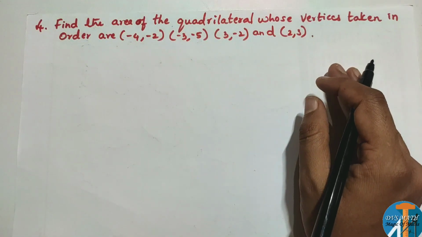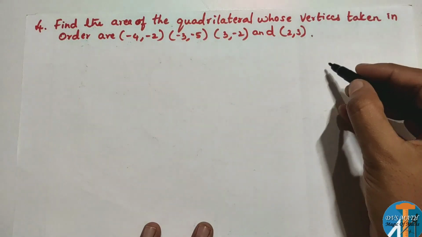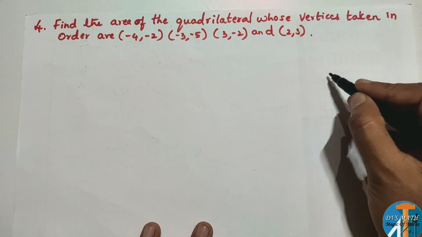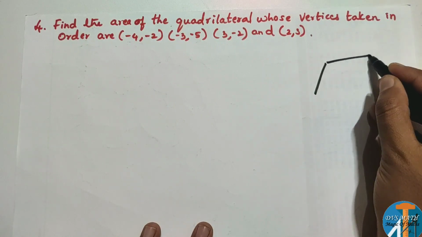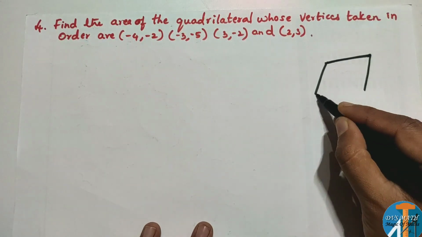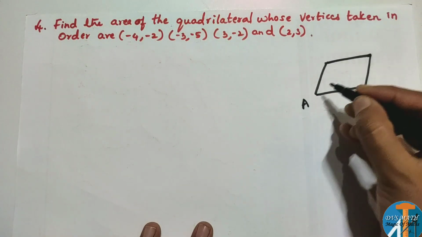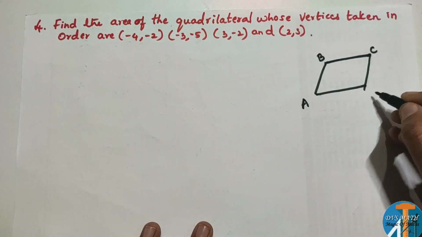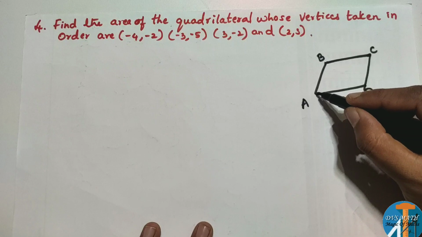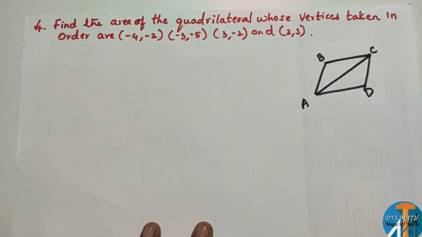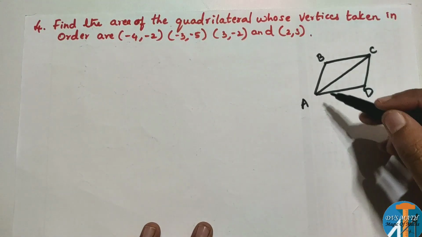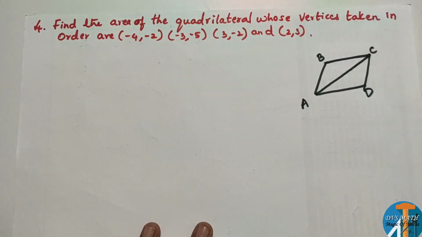Here also what we have to do, first write the quadrilateral. Let us write the quadrilateral like this, and consider it as A, B, C and D. Now if we join any one of the diagonals, the whole quadrilateral is divided into two triangles.